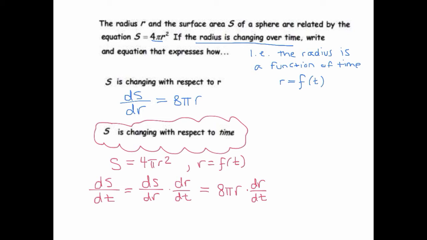All right, so I'll just end here, as this is kind of a primer for related rates, but it's very important that you pay attention to what you're taking the derivative with respect to. If you're taking the derivative of s with respect to r, its most immediate input variable, then you just get 8 pi r.